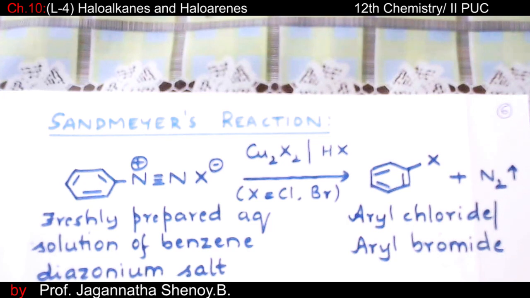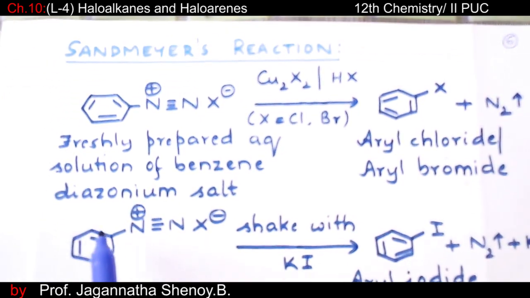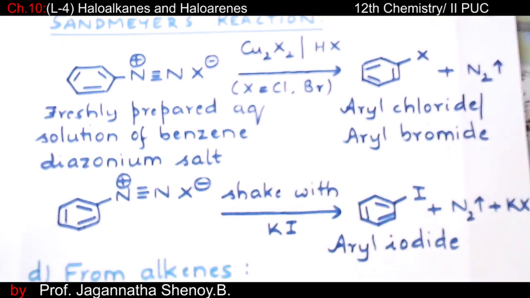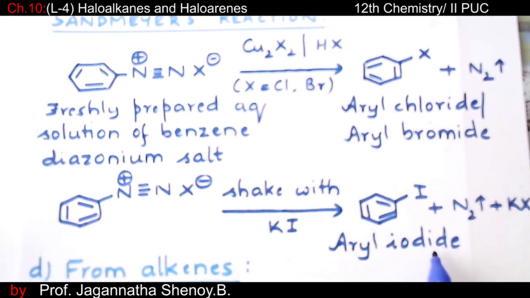It is possible. What we have to do, whatever freshly prepared aqueous solution of benzene diazonium salt we get, we simply need to shake it with potassium iodide. What we get? We will get aryl iodide. Along with that, we get N2 and KX.